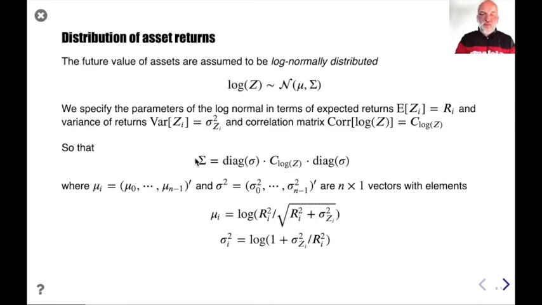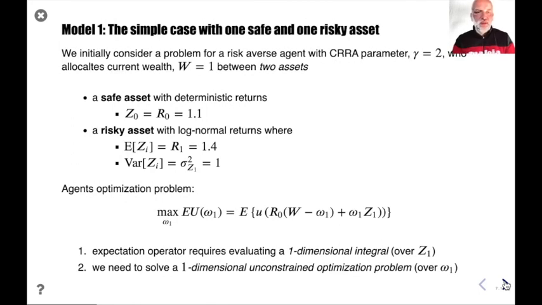Then you calculate the variance covariance matrix sigma, and then you have both your mu and your sigma, and then you have your specification of the log of Z. So it's actually not that far out. Okay, so you just specify all these equations.